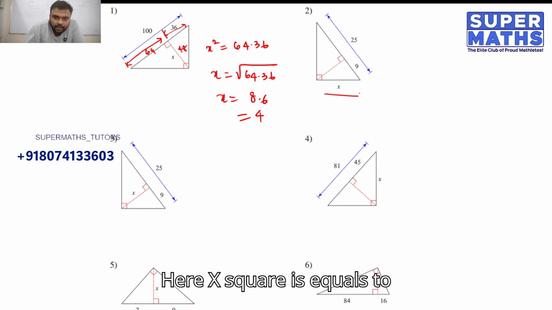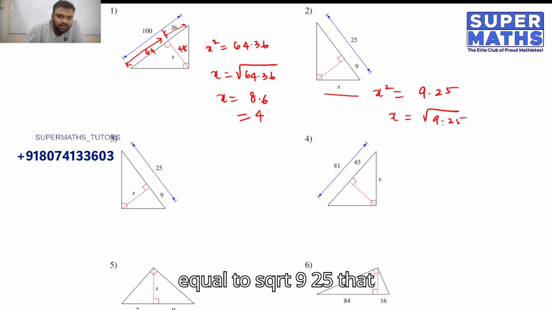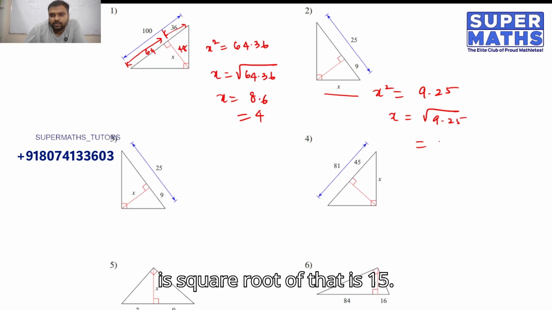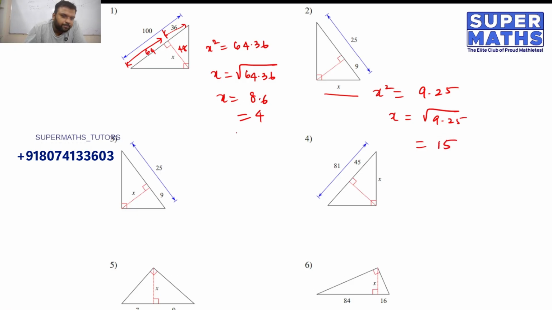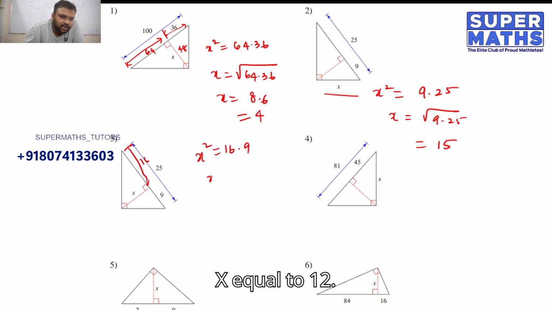Here X square is equal to 9 times 25. X is equal to square root of 9 times 25, that is 15. Here this is 16. X square is equal to 16 times 9, X equal to 12.